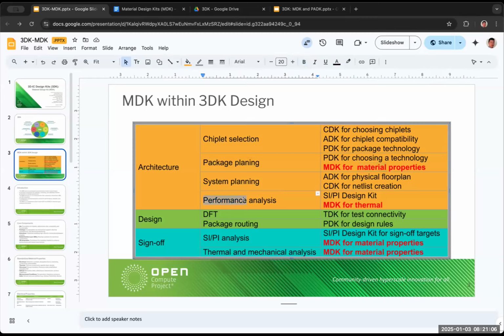And then in the analysis, it's used for performance, thermals, and sign-off as well, or for the material analysis for SI/PI as well as thermal and mechanical. As they mentioned, part of the design can use some material here and there, depending on the specifics of the design.